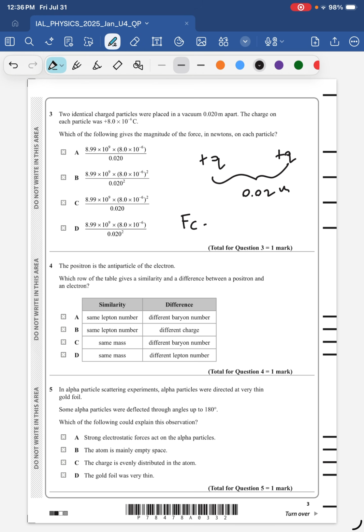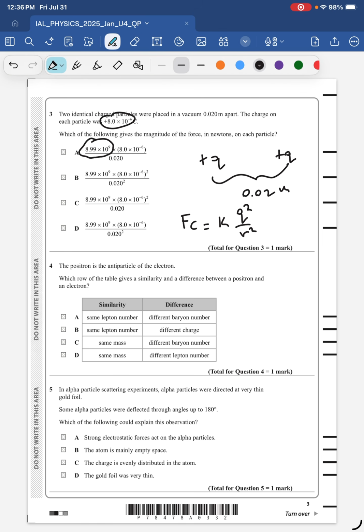Okay, Coulomb's law tells us that this is equal to K times Q squared over R squared. Okay, what is K? It's 8.99 times 10 to the 9. And the units are newtons times meters squared over coulombs squared. Okay, we don't need that right now. Okay, and then we need this charge to be squared.